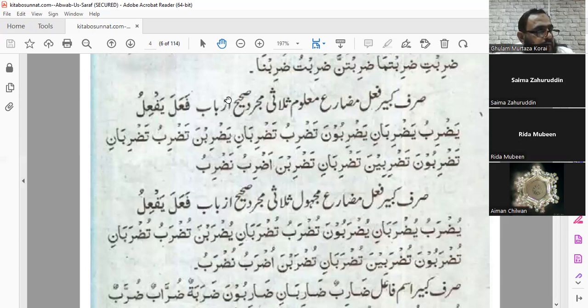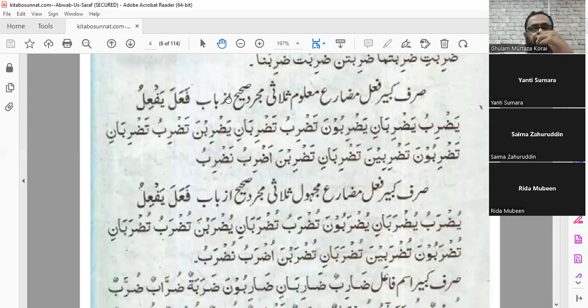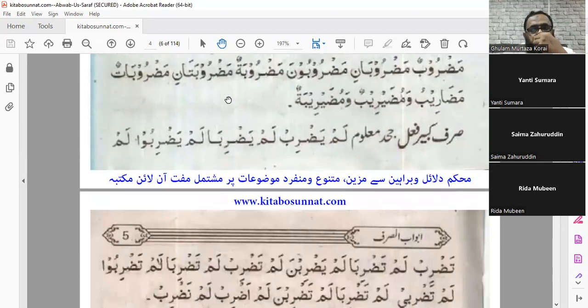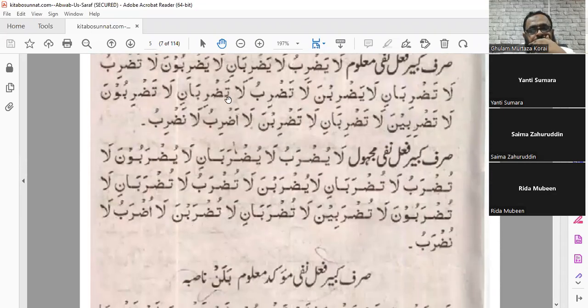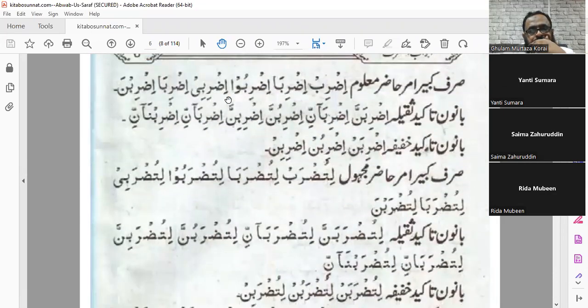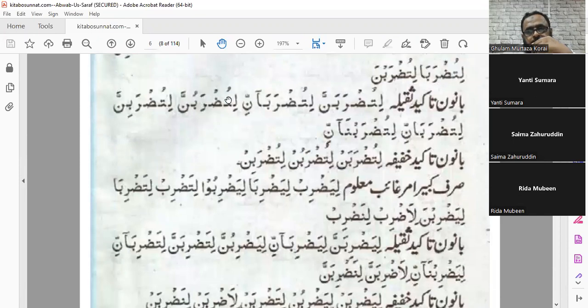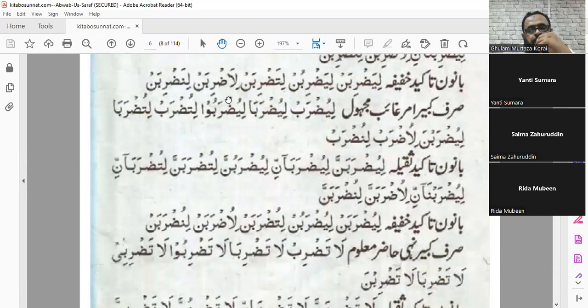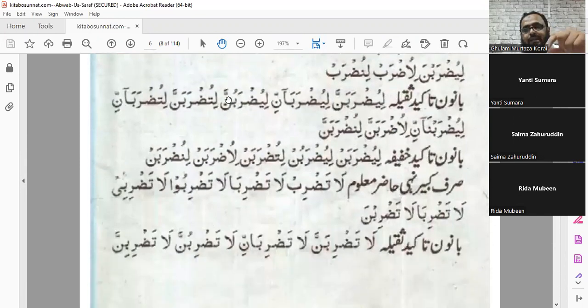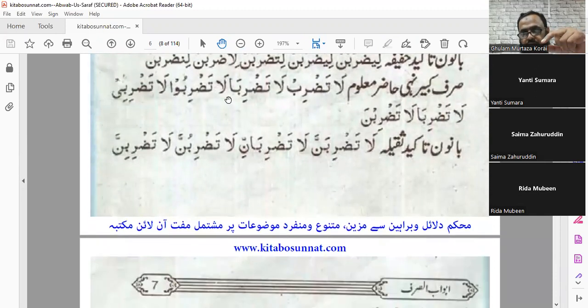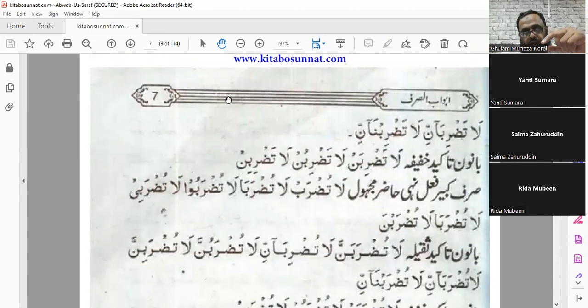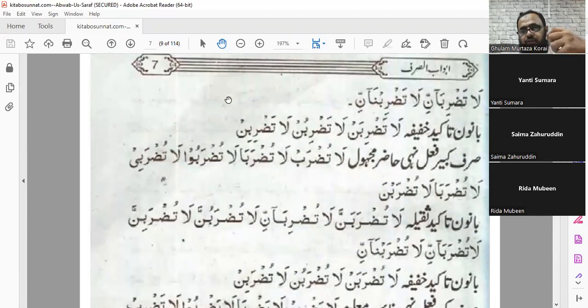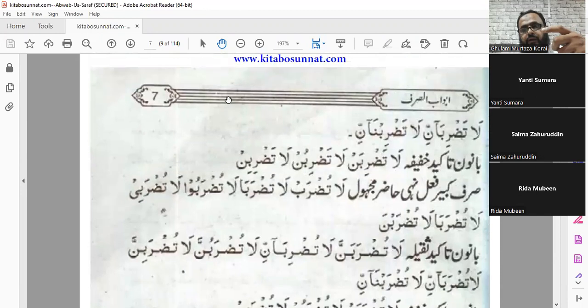Sir, I would like to confirm my understanding for the la nahi. The la nahi plus fi'il mudari has two changes. First is the meaning, prohibition order, and second the nun is dropped. Is that correct? Yes, it means there is jazm on the last letter. Now bringing jazm has different forms.